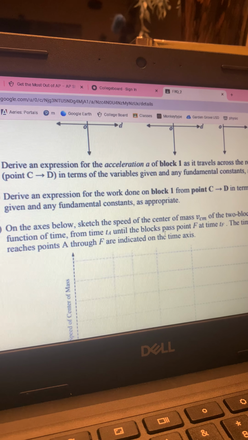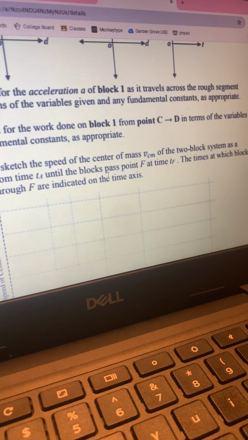Now moving on to part D, it says to derive an expression for work done on the block from point C to D. We already found that our frictional force is equal to mg mu k, and we know that work is equal to force times displacement.